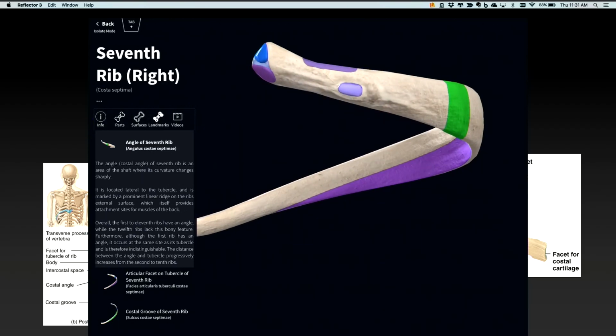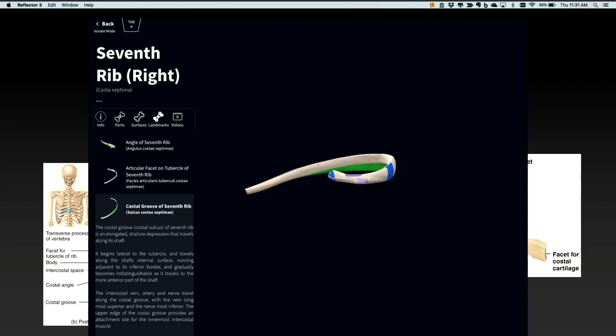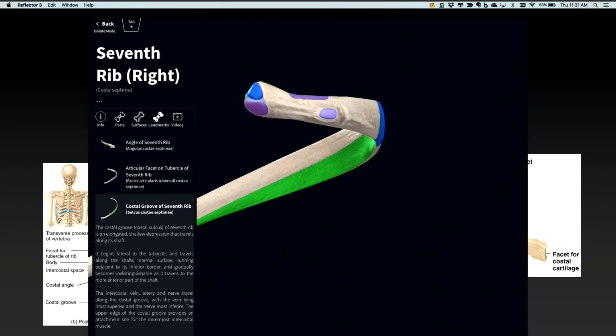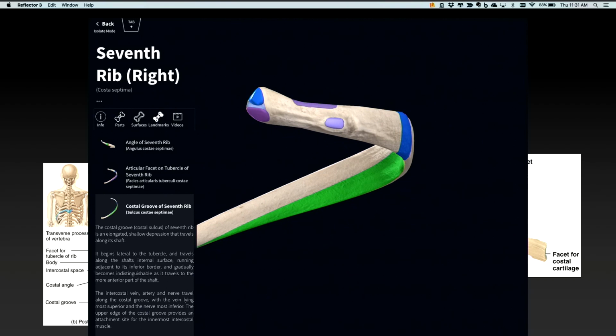Also notice what's called the costal groove. It's on the underside of the rib, here highlighted in green. It looks like there's a little hollow on the inner surface running around the length of the rib.